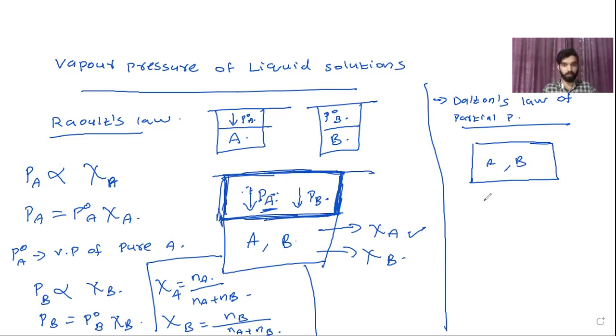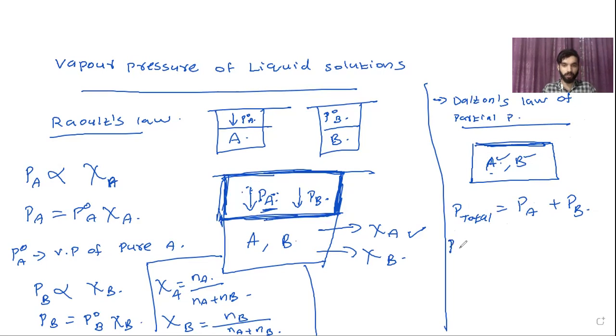The total pressure in a container is the sum of the partial pressures of individual components. So P total equal to PA plus PB. The total pressure will be the sum of the partial pressure of A and partial pressure of B. So that is Dalton's law of partial pressure.